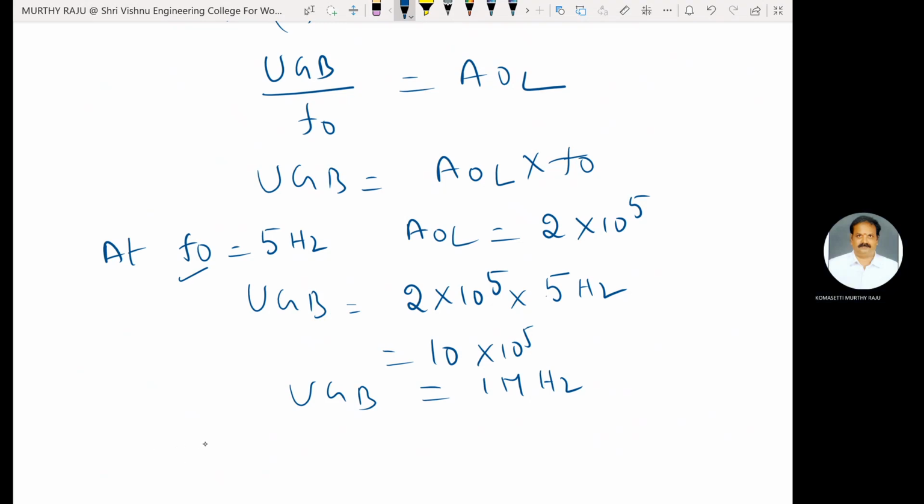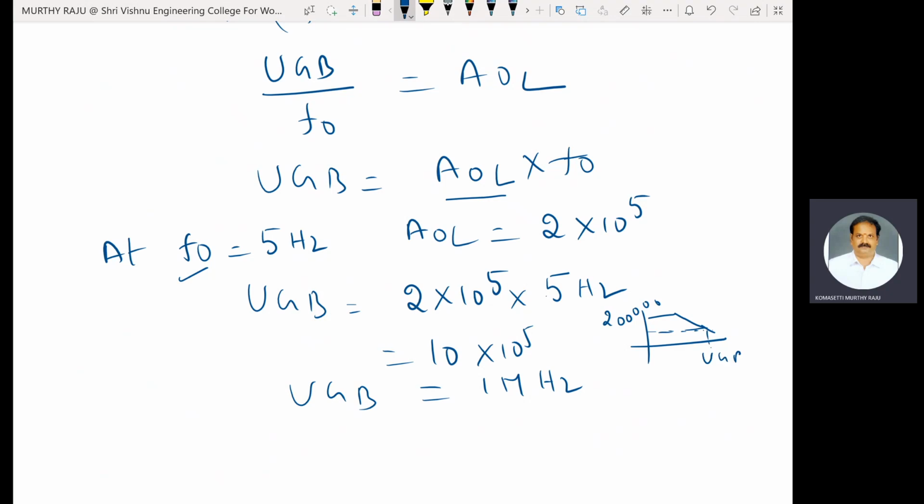Suppose AOL gradually decreases from 2 lakh to 1. Find out this unity gain bandwidth product.